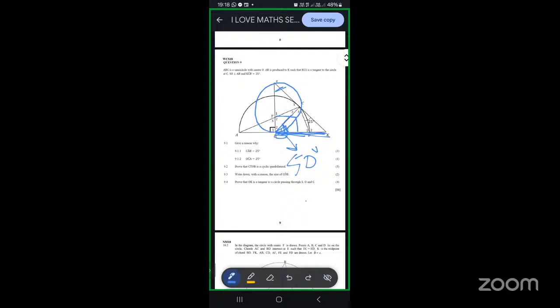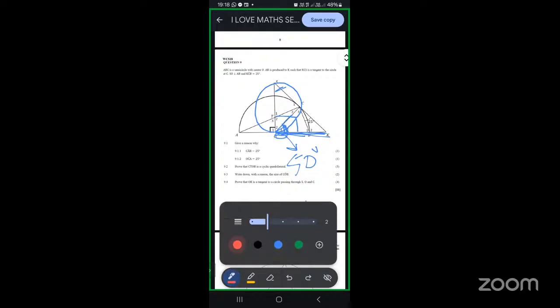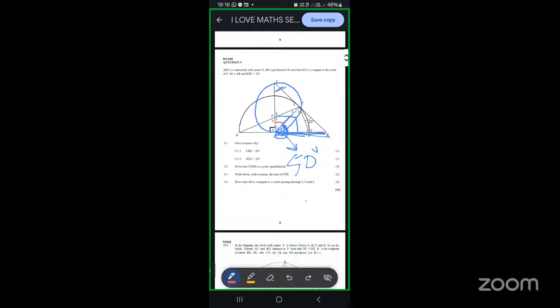If this whole angle is 90 and only this portion is 50, we can find this angle here: 180 degrees minus 90 minus 50, which gives 90 minus 50, so I get 40. Then this angle here is 40 degrees.